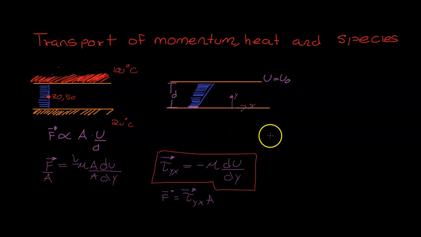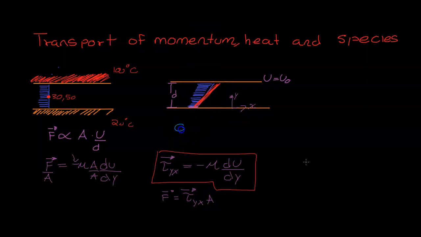And there is a law as well for temperature. If we think about not the movement but about temperature, we will get something similar to this as well, some profile like this, okay? So this law is going to be called Fourier's law, and it's very similar.